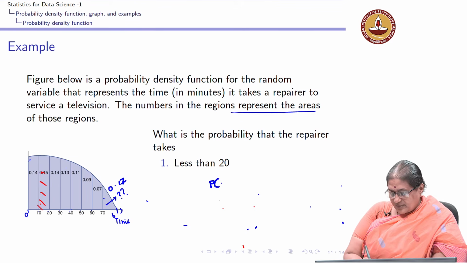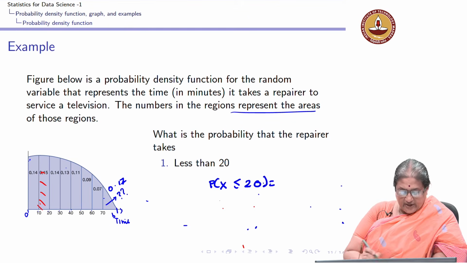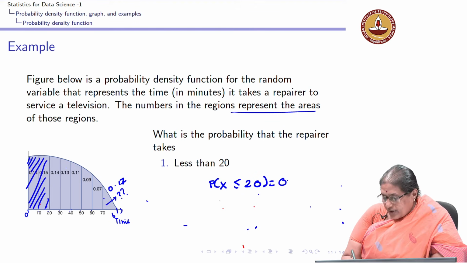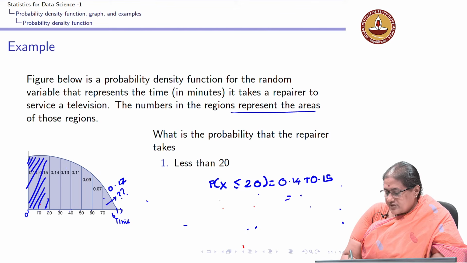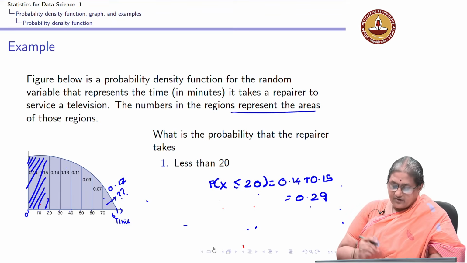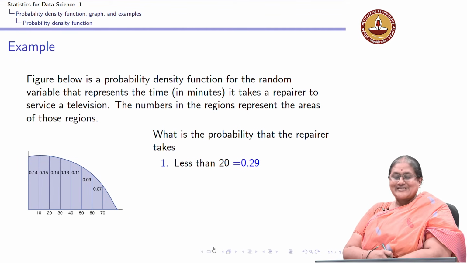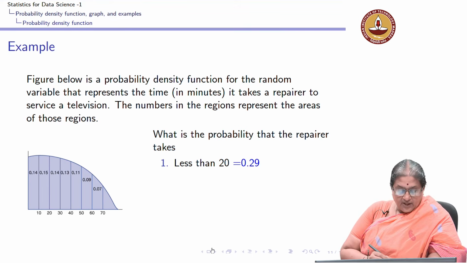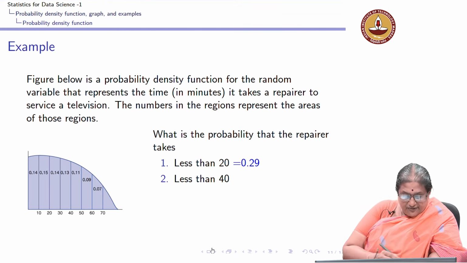So, the question I am asking is probability x is less than or equal to 20, and I know that is going to be the total of the area here, which is 0.14 plus 0.15, which is going to be 0.29. The probability of the repairer taking less than 20 minutes is 0.29. What is the chance it is less than 40?